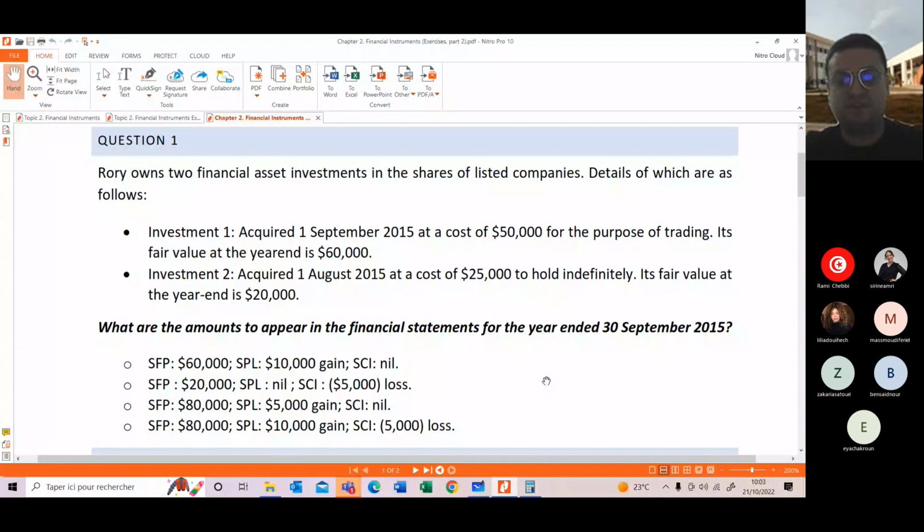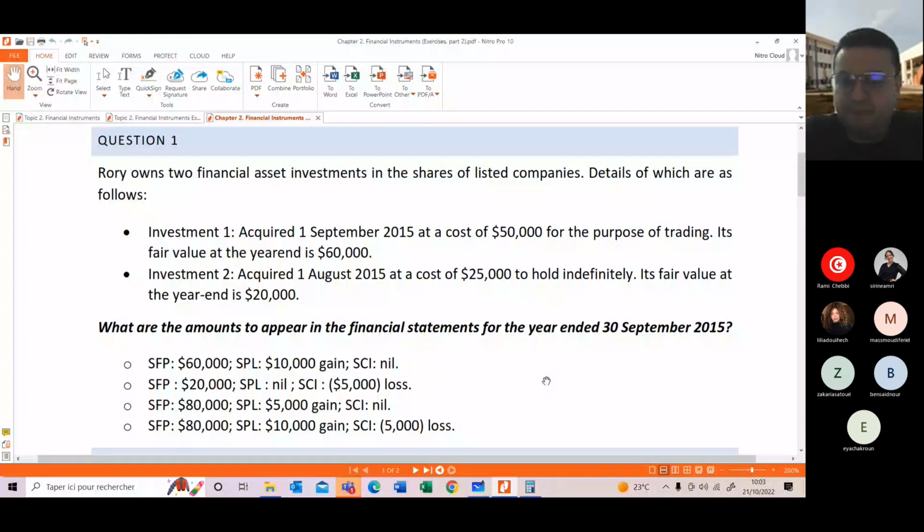Okay, for the first investment, how do you classify this equity investment? Which method is much more appropriate to classify the first investment? Fair value through profit and loss. It's the purpose of trading, right?